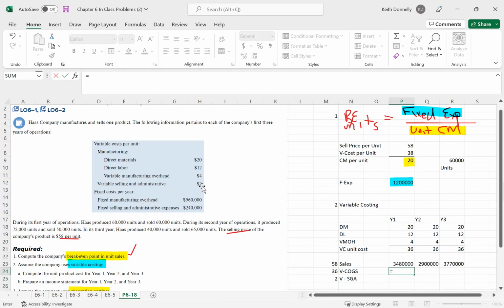In year 1, we sold 60,000 units, so we're looking at 216. In year 2, we have the 36 and sold 50,000 units, so we're looking at 180.